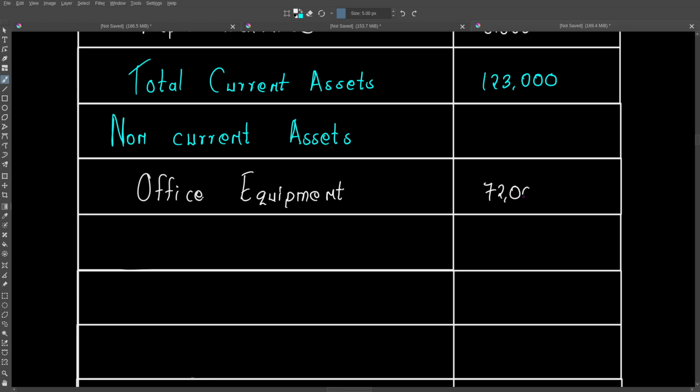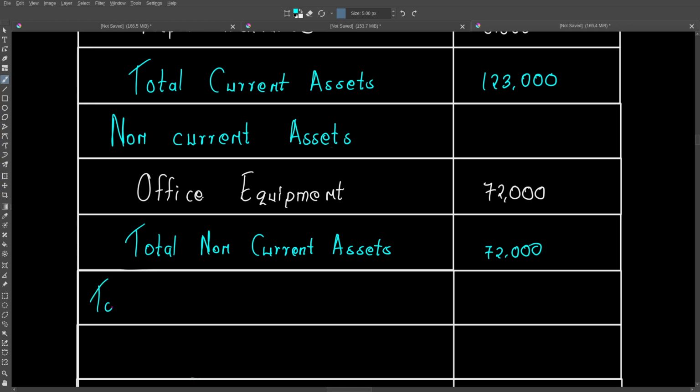So basically the total non-current assets are going to be 72,000.